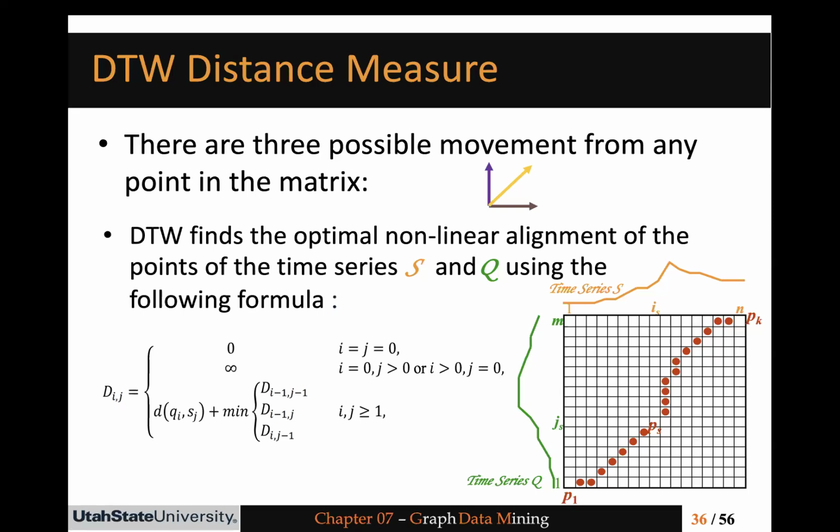And the rationale of this 3 movement limitation is that I want my path to be positively monotonic along the matrix. So meaning that I should always progress towards a positive trend. I should not go back in time.